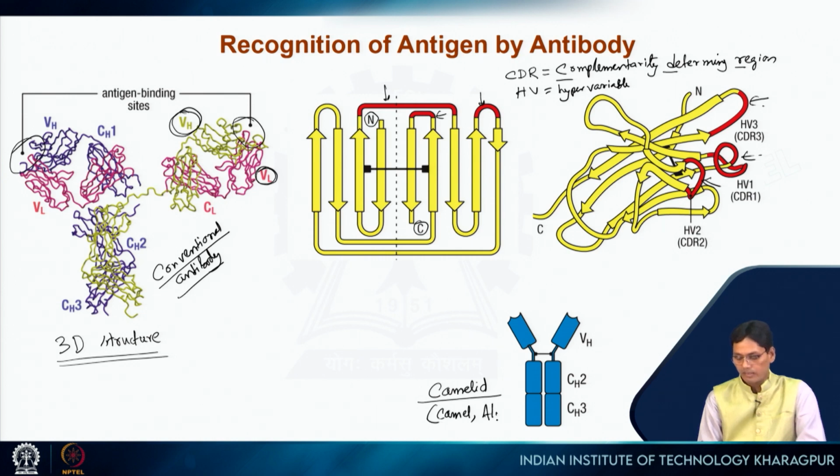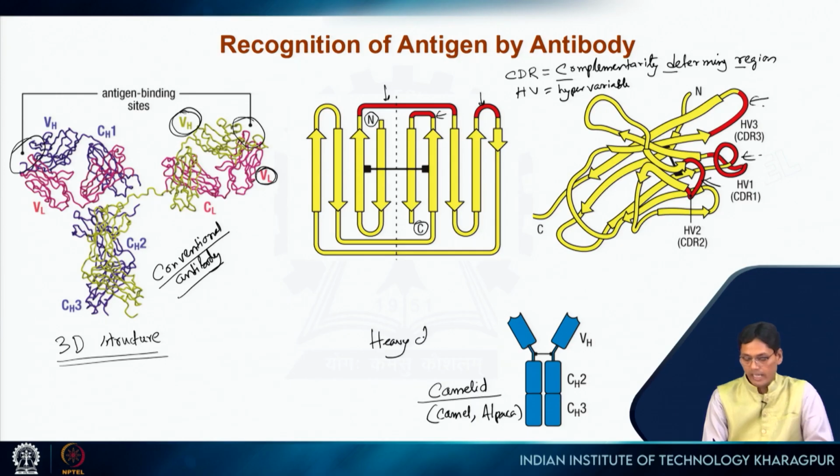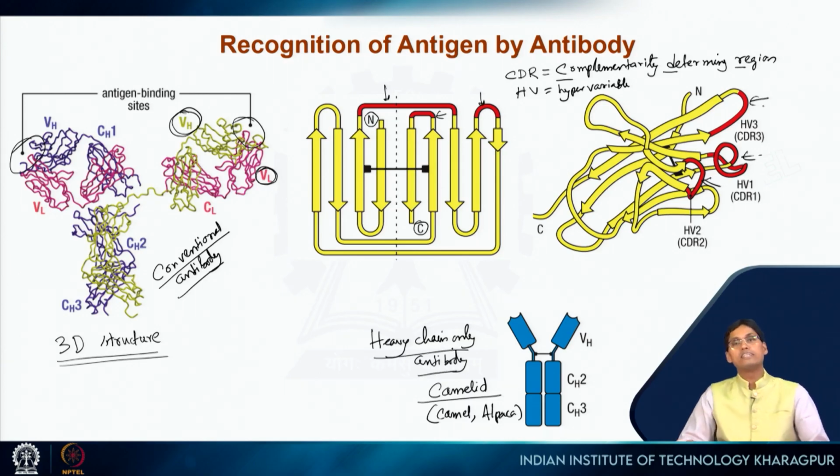alpaca, which is a slightly smaller animal than a camel. So camel, alpaca, llama, those animals have this kind of antibody. This is called a heavy chain only antibody. Why? Because as you can see, they don't have a light chain.